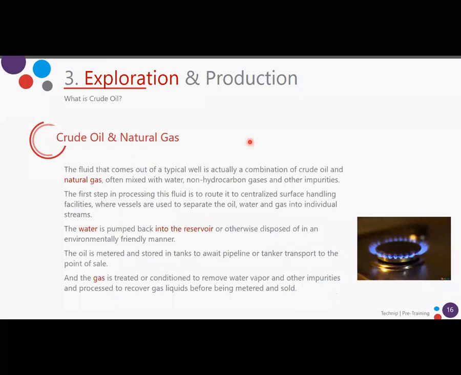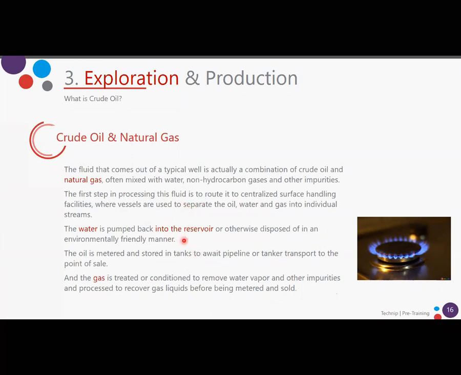The first step in processing this fluid is to route it to centralized surface handling facilities, where vessels are used to separate the oil, water, and gas into individual streams. The water that we get usually is pumped back to the reservoir.